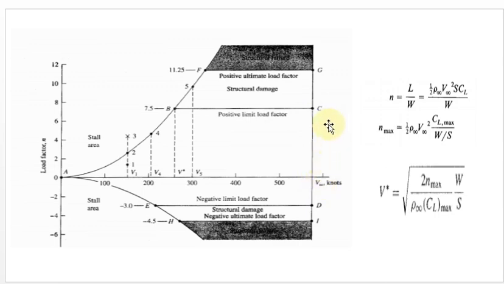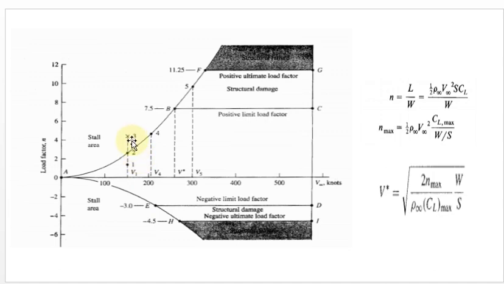Then E to D is called the negative limit load factor line. So here is the positive limit load factor, and here the negative limit load factor, for E to D. Then again as usual A to E is the aerodynamic limit: here the positive aerodynamic limit curve and here the negative aerodynamic limit curve.